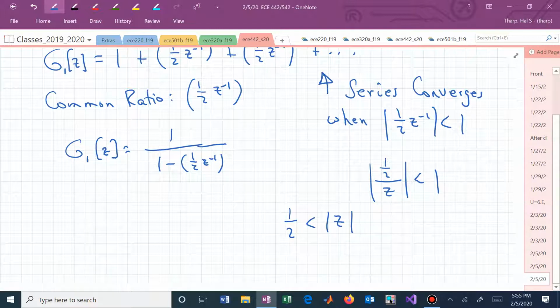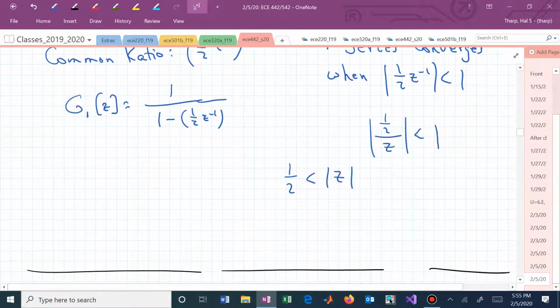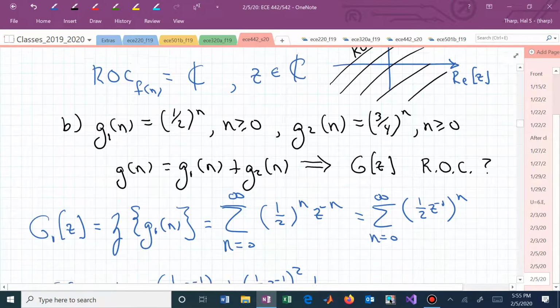Any z outside of that disk will allow this sequence's Z transform, or its series, to converge. That's ROC1.